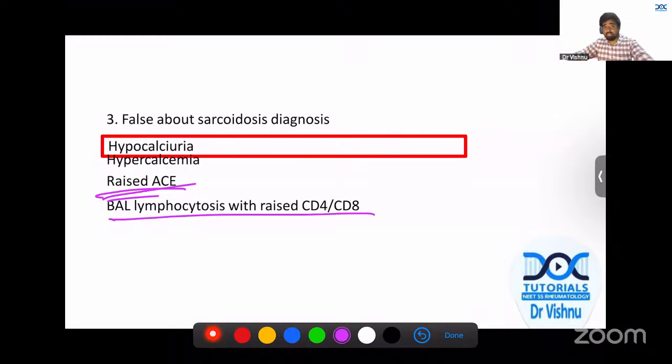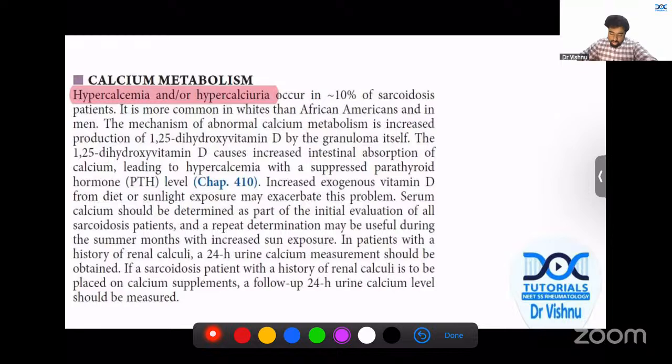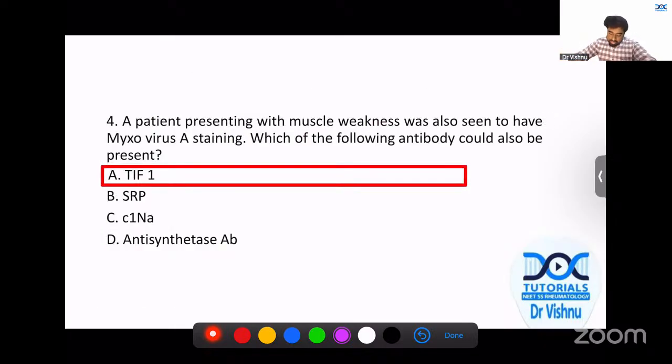Remember it's BAL with a raised CD4/CD8 ratio; serum also shows it, but BAL is the more correct one. BAL with raised CD4/CD8 ratio, raised ACE levels, hypercalcemia, these are definitely there. Hypocalciuria is a directly wrong option, right? So hypercalcemia and/or hypercalciuria is seen in 10% of sarcoidosis patients.